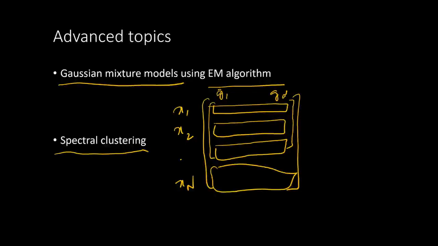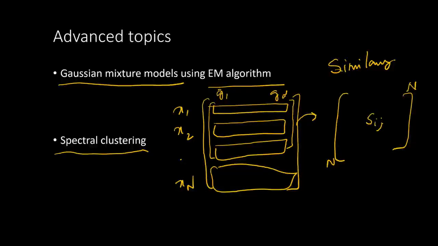How we can now transform this is to plot something called a similarity matrix. So the size of this similarity matrix is n by n, and basically what we have at each point is the similarity of the ith sample with the jth sample. Okay, so the similarity is going to be high on the diagonal, and it is going to be low off the diagonal.